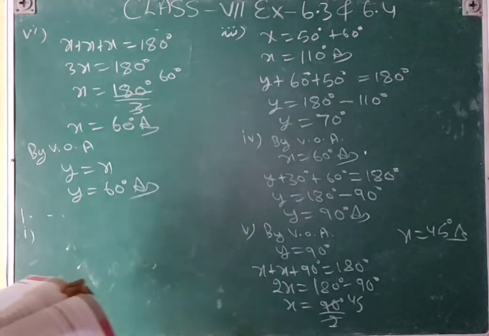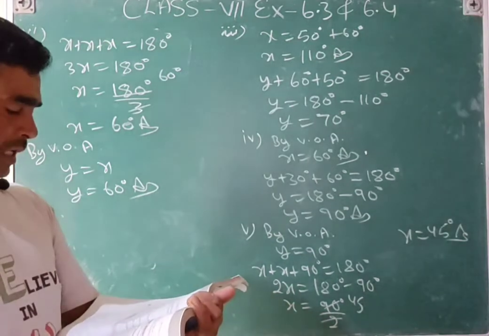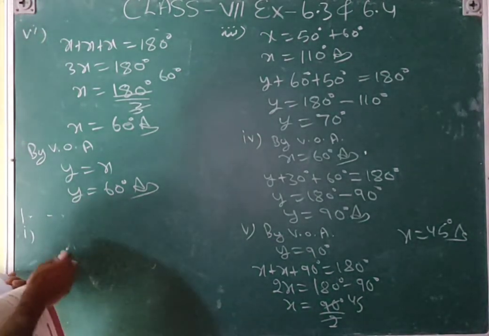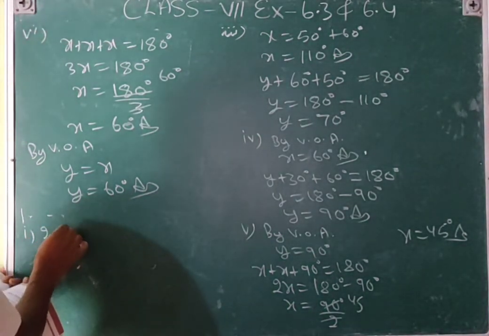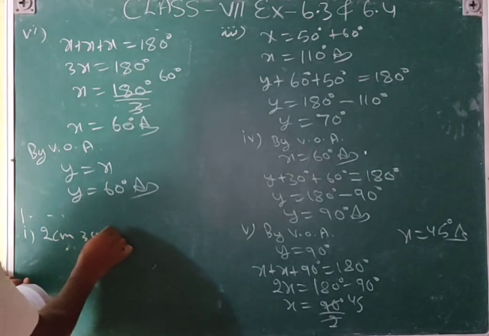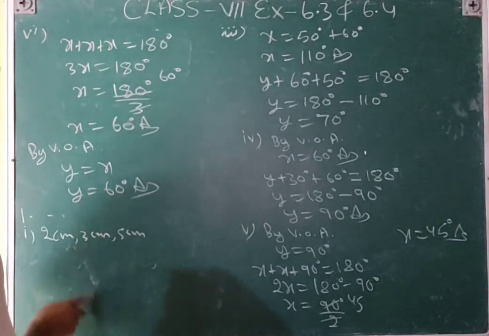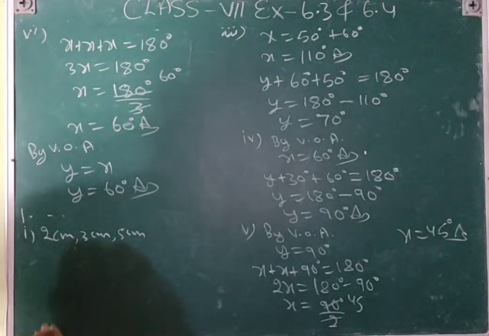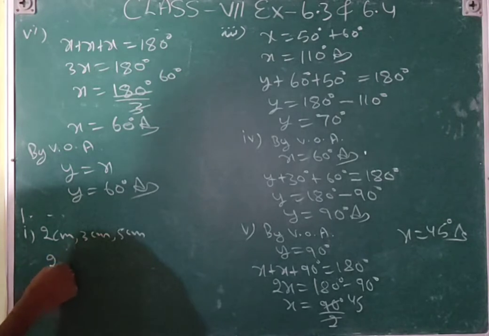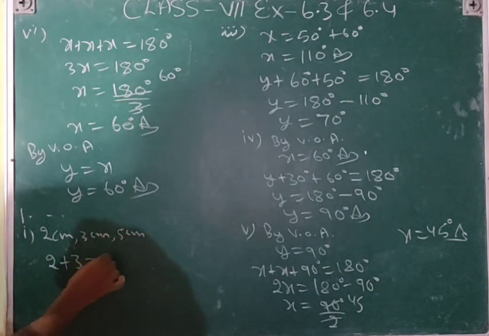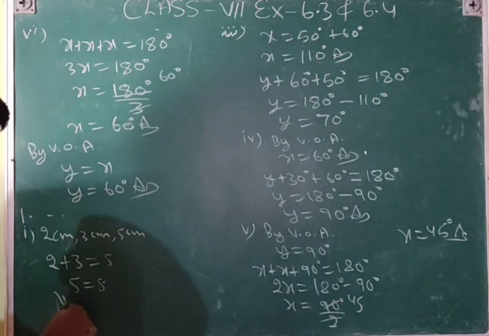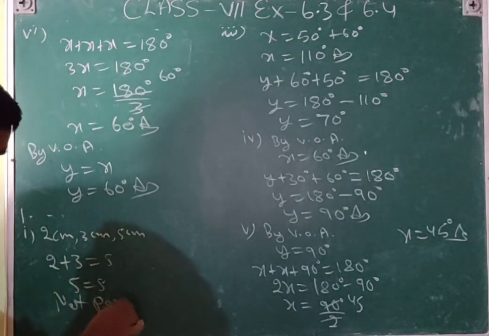First part: if the sum of the smaller two sides is greater than the third side, it means it is possible. So 2 centimeter, 3 centimeter, 5 centimeter. 2 plus 3 is equal to 5, so 5 is equal to 5. Both are the same, so not possible.